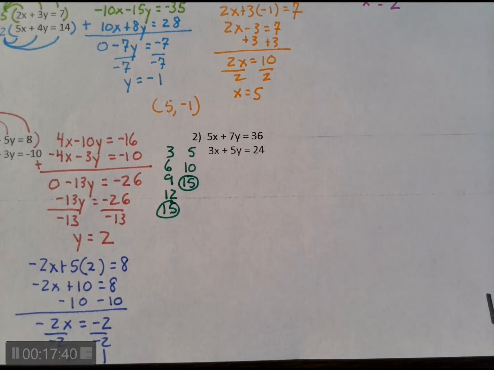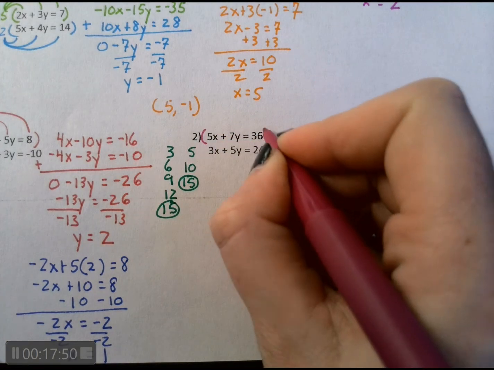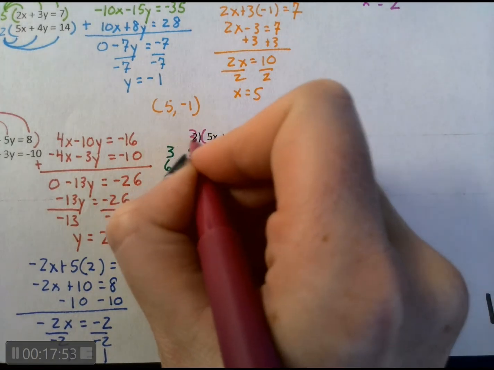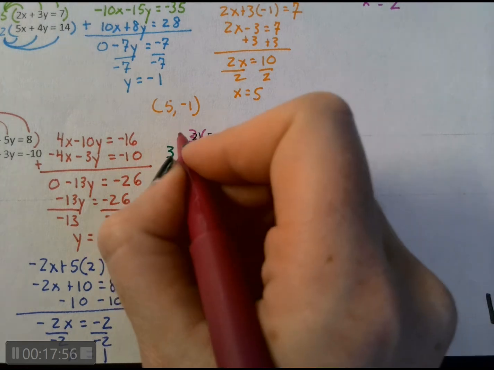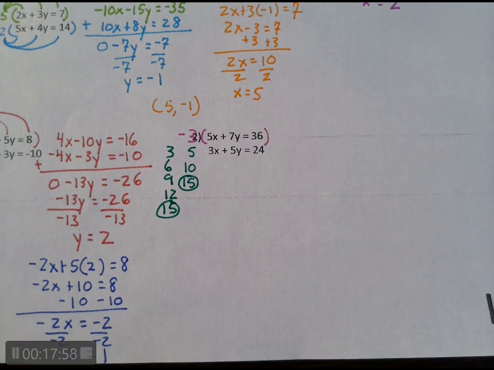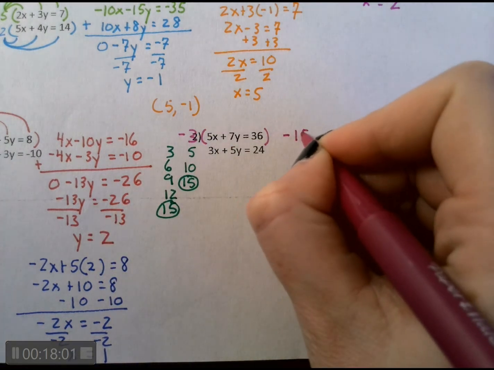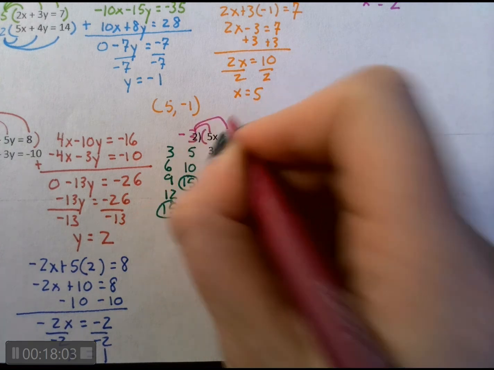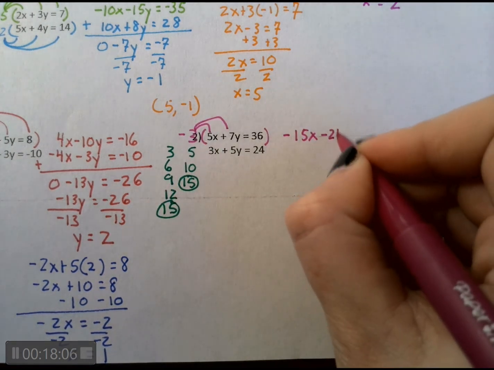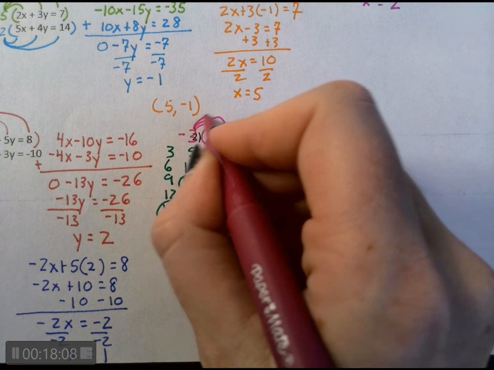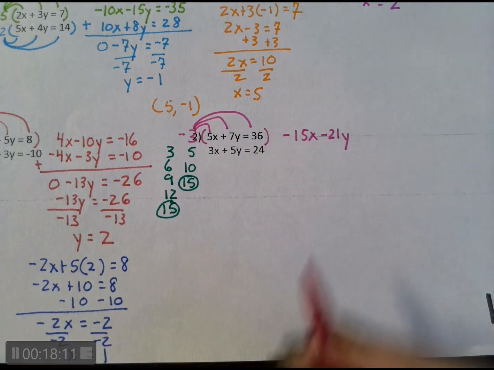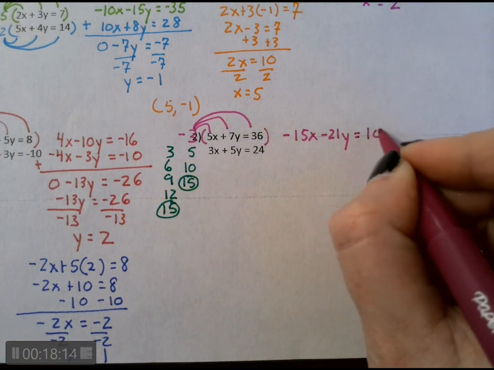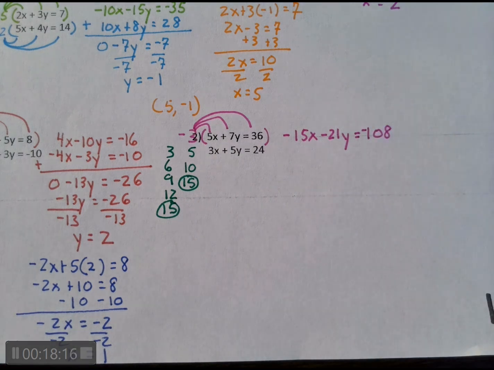So I want to multiply both of my equations by something that's going to make my x's turn into a positive and a negative 15. So I'm going to multiply my top equation by 3. And I'm going to go ahead and make my top one negative. Okay? So I have negative 15x and then negative 21y. And then 3 times 36 will give me 108, I believe, a negative 108.